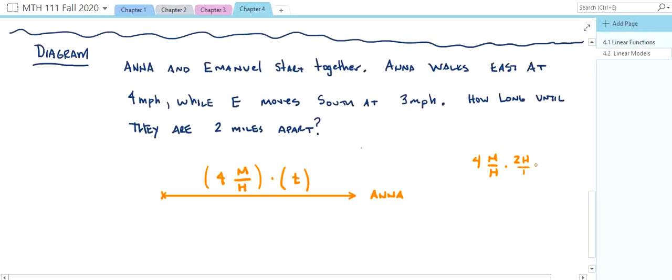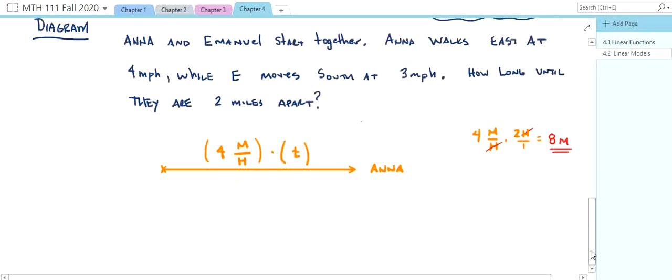I'm just going to put over 1 just so you see here. Notice the h's cancel out, and we have 8 miles left. That's how far she travels in 2 hours. So that's why it's a good idea to use t here. So t is a variable. This is a constant rate of change.